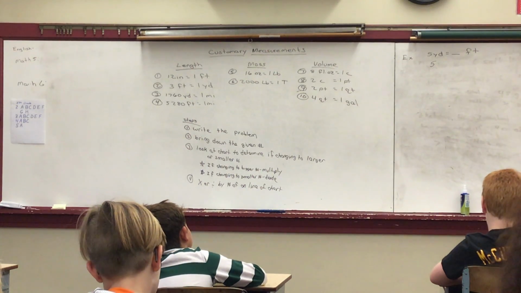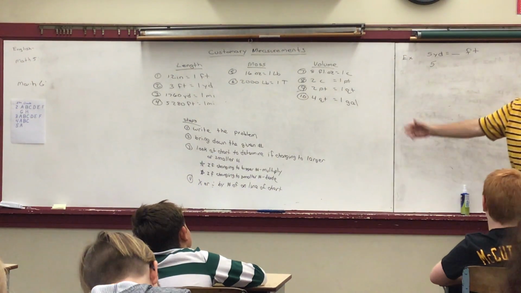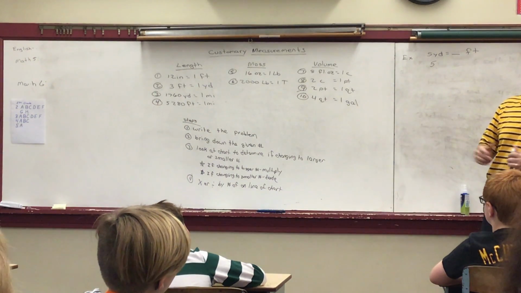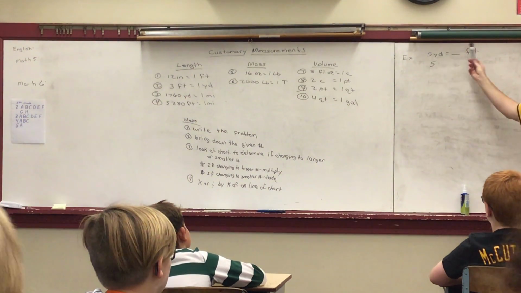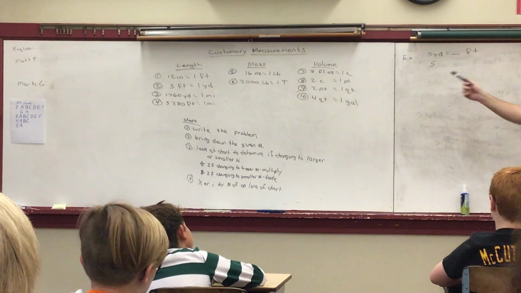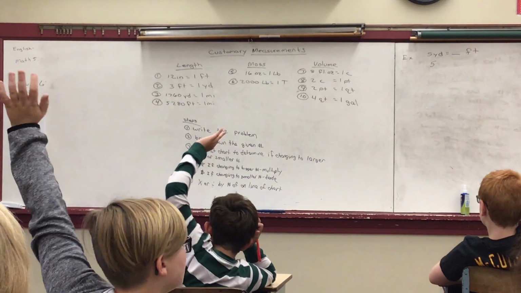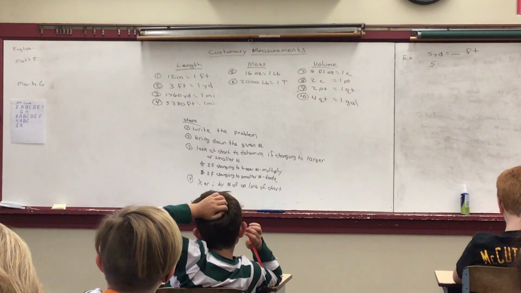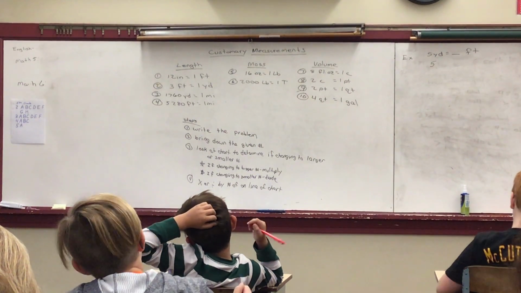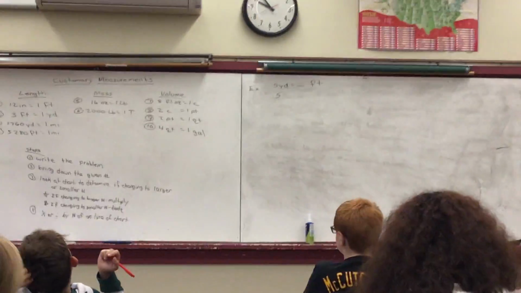Now this is the step that I wanted to put down, that I would put as step 3, but I didn't do it. We're dealing with yards and feet. What line deals with yards and feet in our conversion? Line 2.